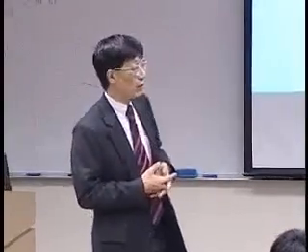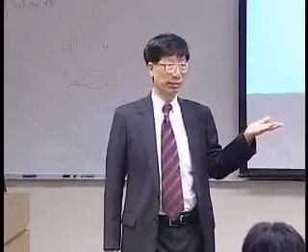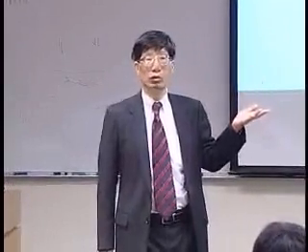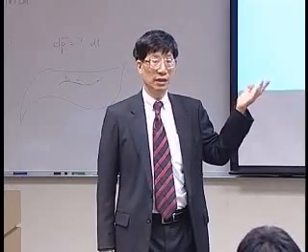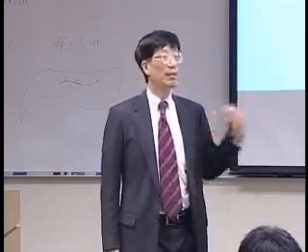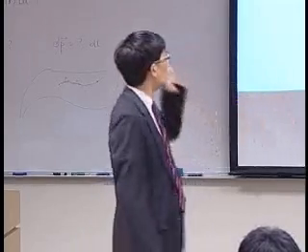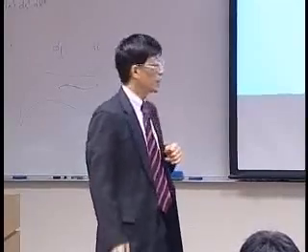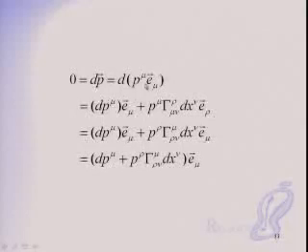What is p? Well, any vector can be written in terms of momentum times the basis vectors, sum over mu, right? P mu are the components of the momentum. E mu are the basis vectors at that point. The basis vectors may be changing because space-time is curved. So you just do the derivative, and that is just mathematics for a product.